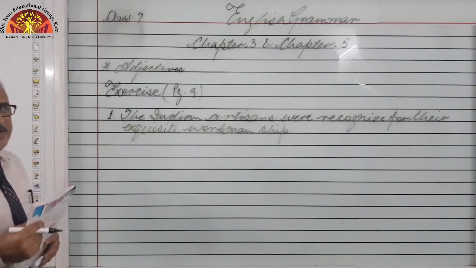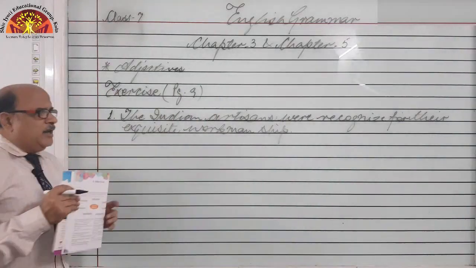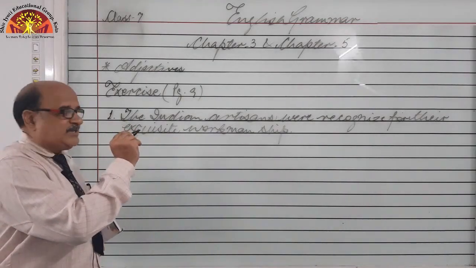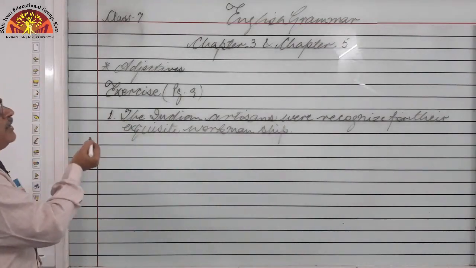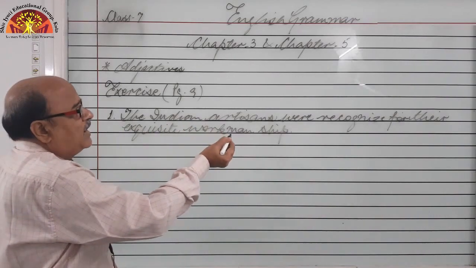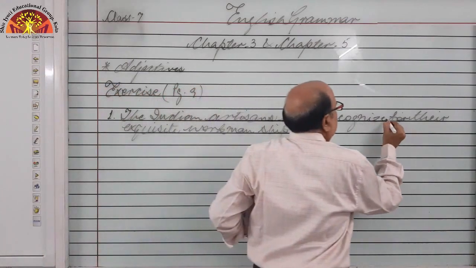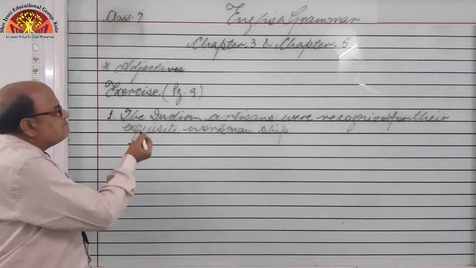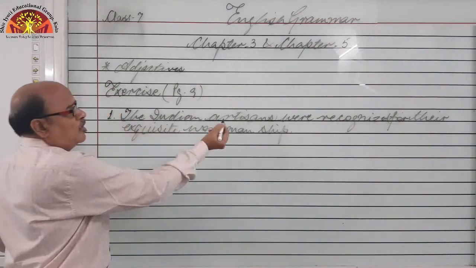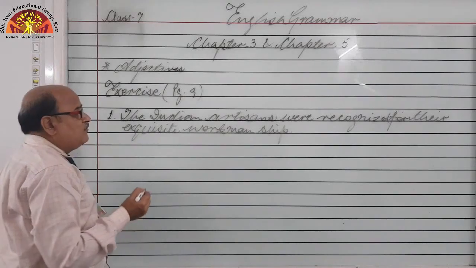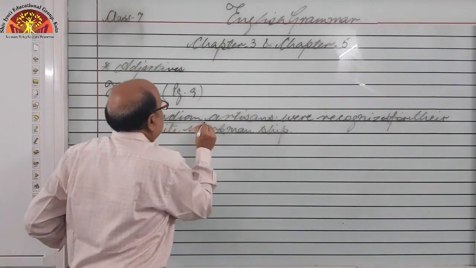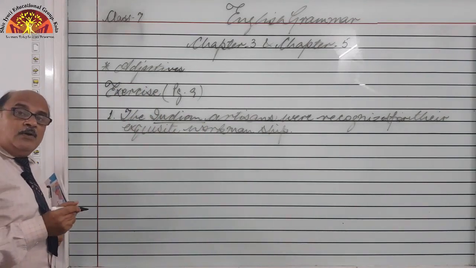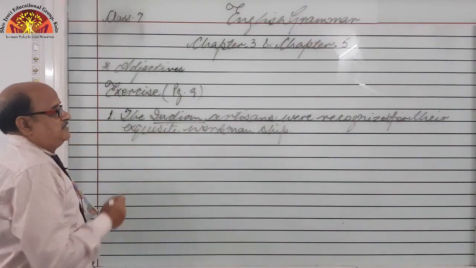Suppose this sentence has been given to you in the question paper and you have been instructed to underline the hidden adjective in this sentence. So, the Indian artisans were recognized for their exquisite workmanship. We are talking about artisans, but what type of artisans are there we are talking about? That is Indian. Yes, Indian artisans. What kind of artisans? Indian artisans, right?